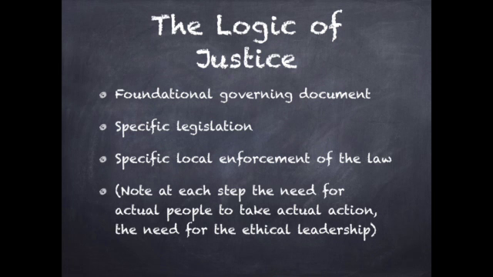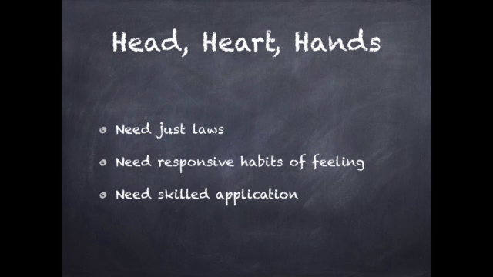At every step of the way, people need to take action in founding things, in legislating, and then in putting that legislation into action. Note to self, or to put it in terms of what we're trying to teach you about character and leadership, everything needs to work, the head, heart, hands in coordination. So you need to figure out what the just laws are. You need to train people in responsive habits of feeling so that they want to follow the law in general.